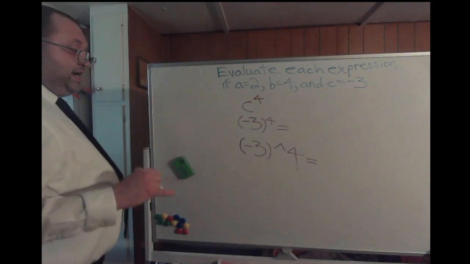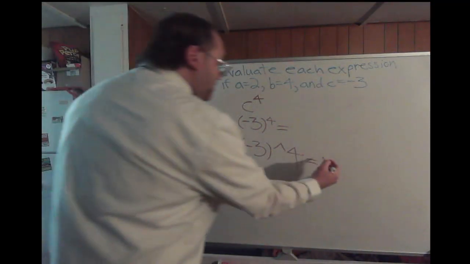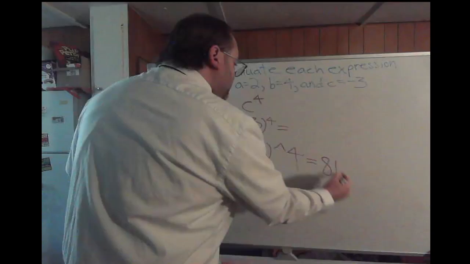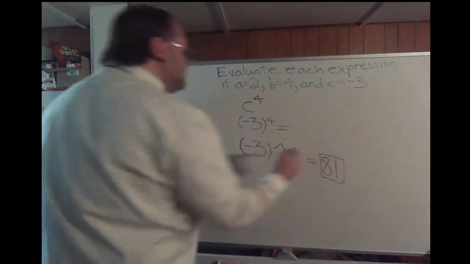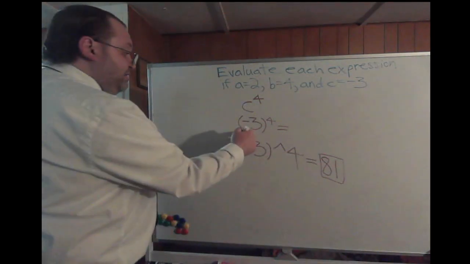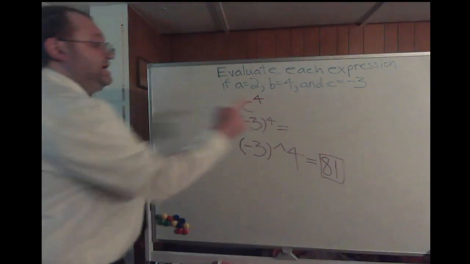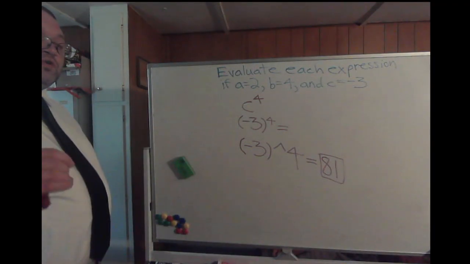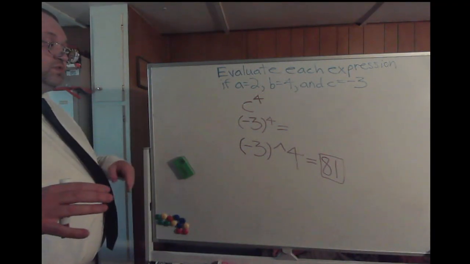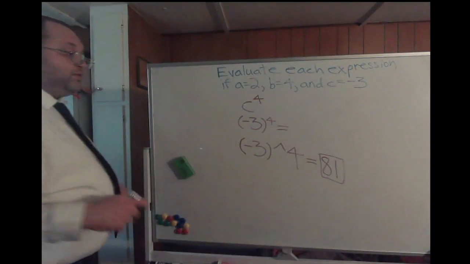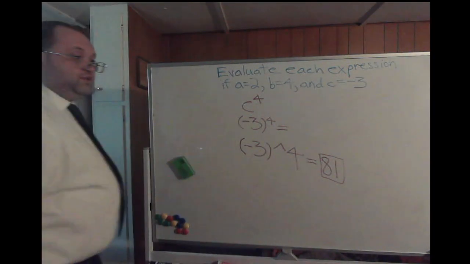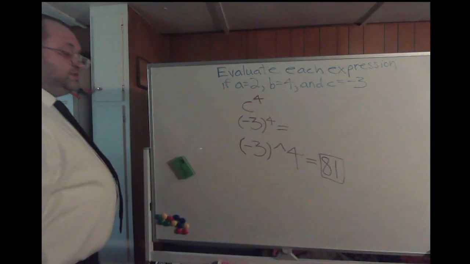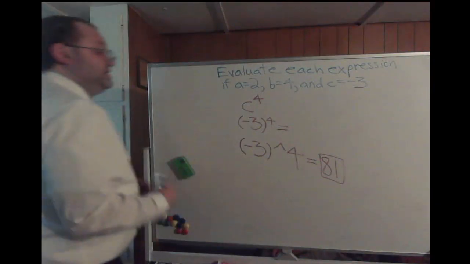Well, when you do that, you should get 81, because it's also important to remember that a negative number inside parentheses raised to an even number power, such as 2, 4, 6, 8, 10, what have you, will always generate a positive result. So the answer to this would be positive 81.